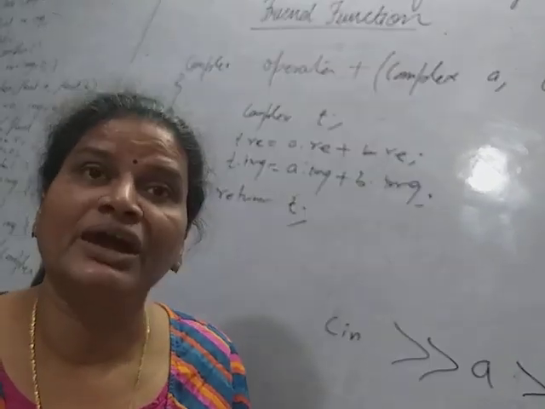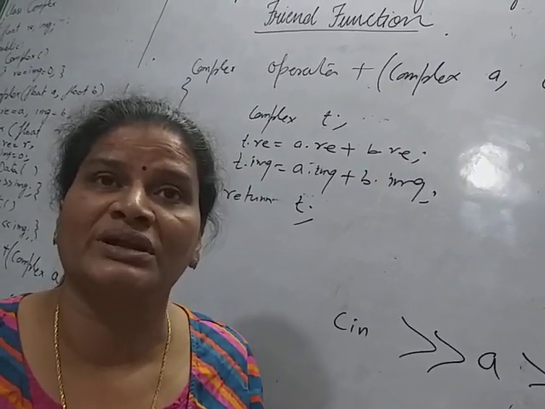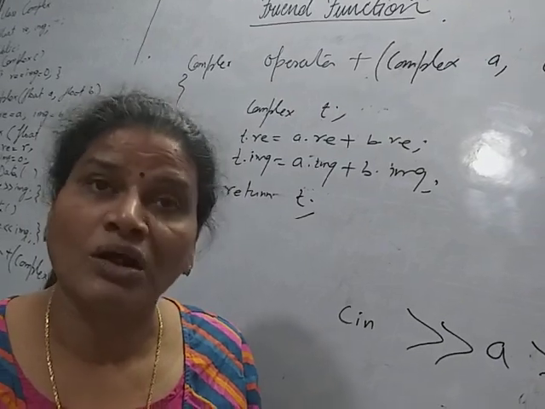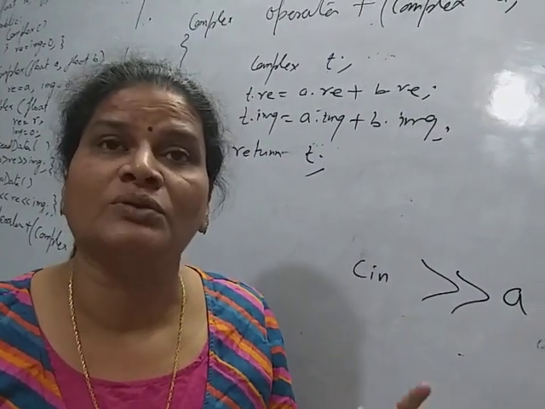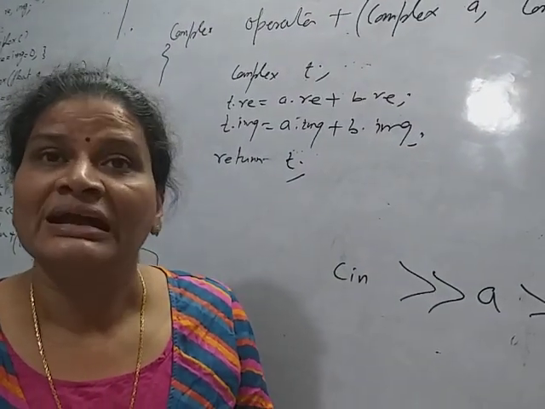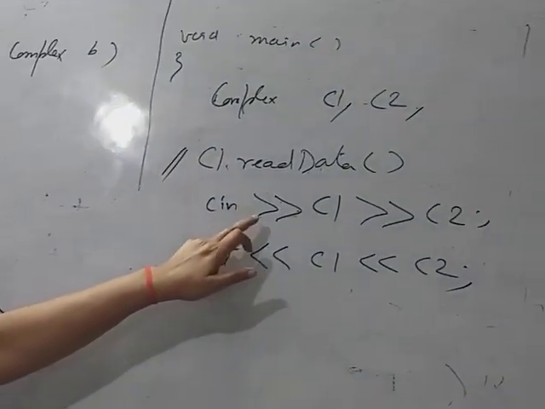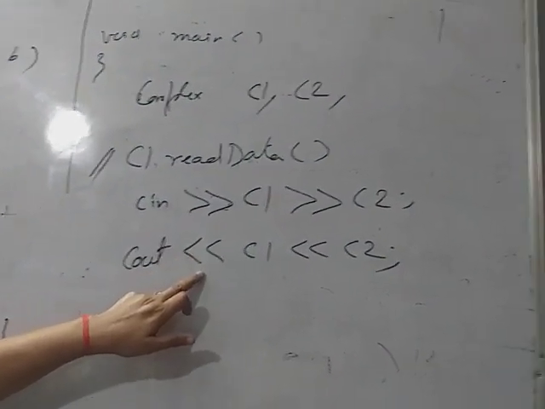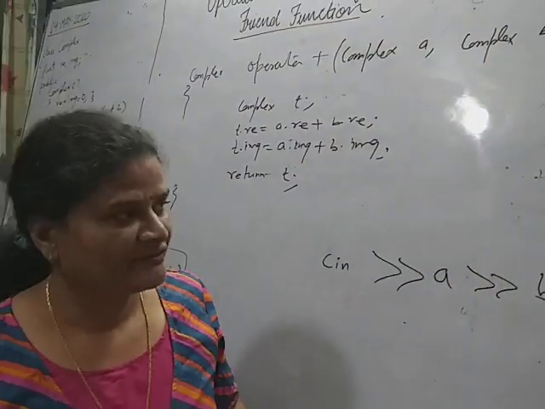But there are a few operators that can always be overloaded using friend function, and a few that can always be overloaded using operator member function and cannot be overloaded using friend function. So when we overload the extraction and insertion operators, we overload them using friend function.